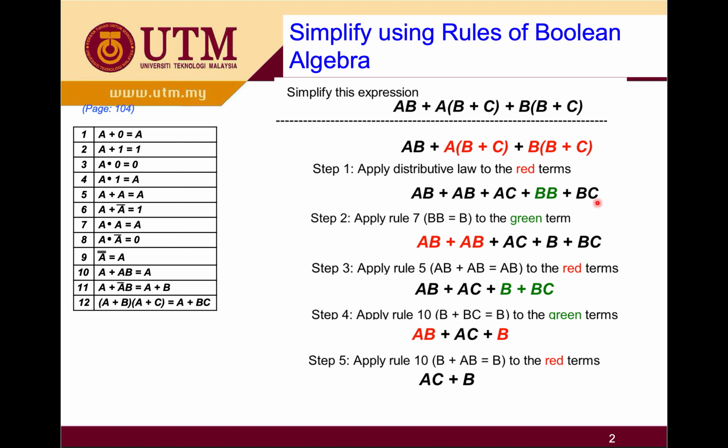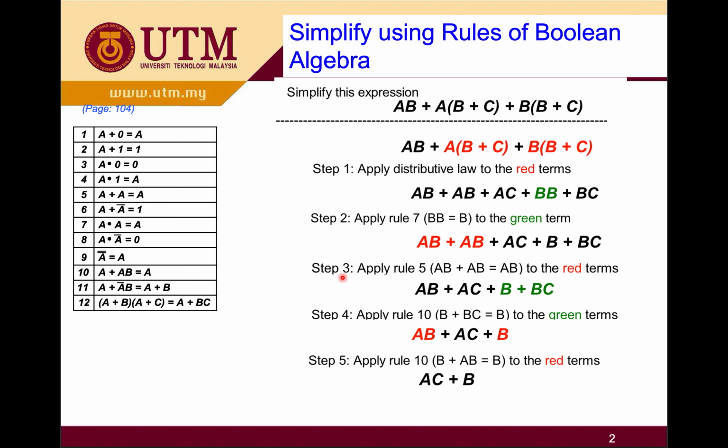After you already make it longer like this, you're going to apply this green color, the A dot A over here, which is under rule number 7. Over here you get equal to B because B dot B, and you will get like this one.